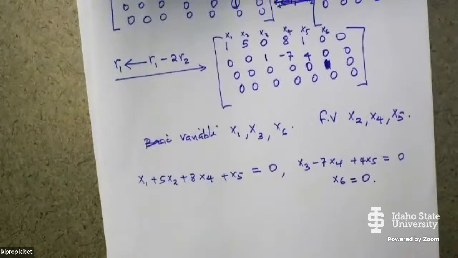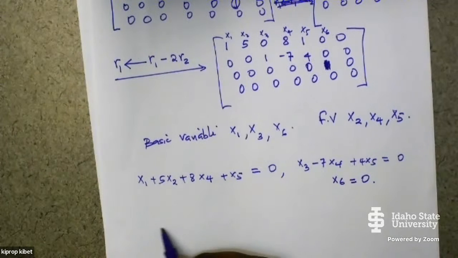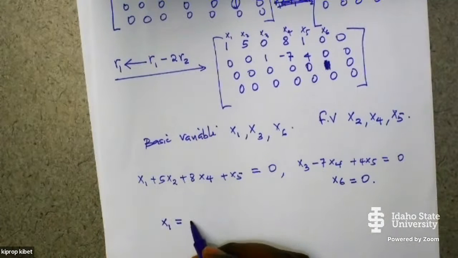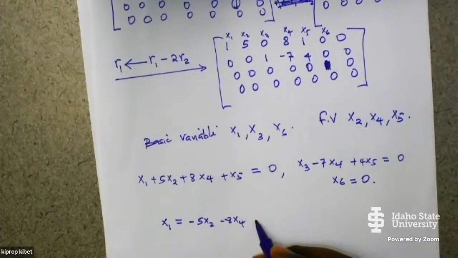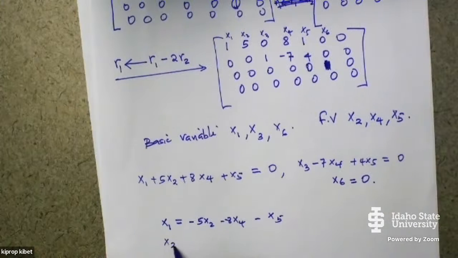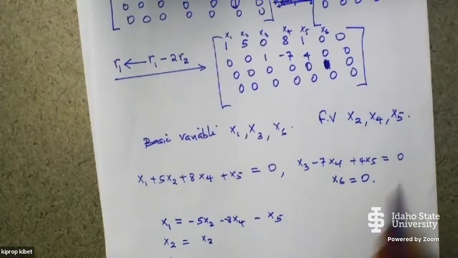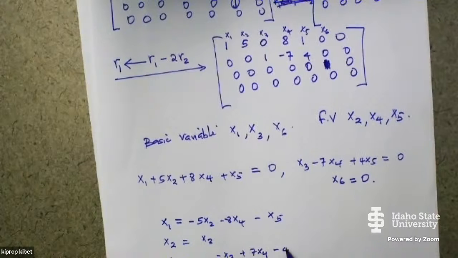So then our solution set will be: x1 equals, taking the other ones to the other side, minus 5x2 minus 8x4 minus x5. Our x2 is a free variable, so x2 equals x2. Our x3, taking the other ones to the other side, is 7x4 minus 4x5.